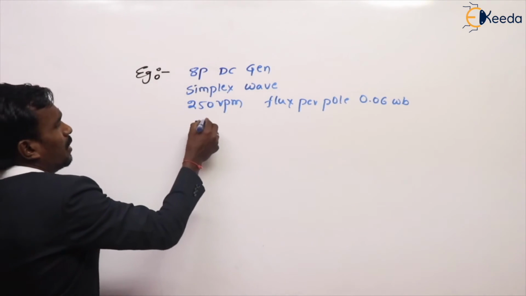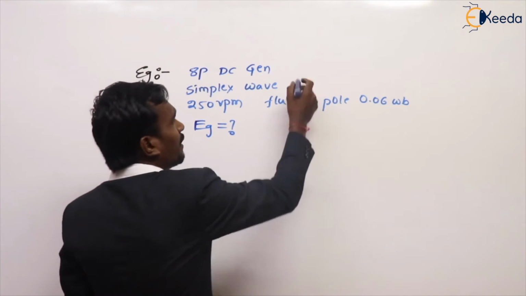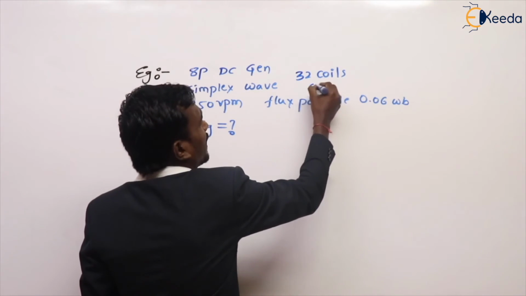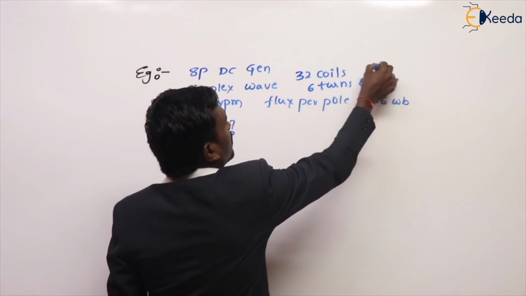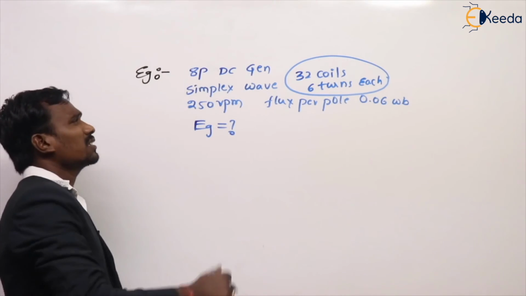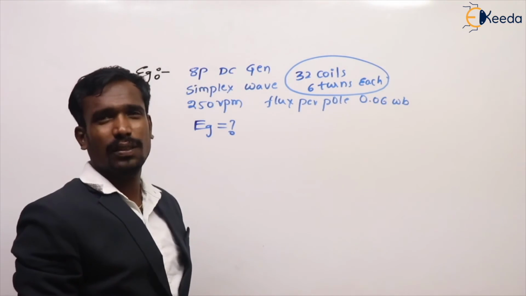They are asking what is the generated EMF when the machine has 32 coils, 6 turns each coil. This is a multi-turn coil.